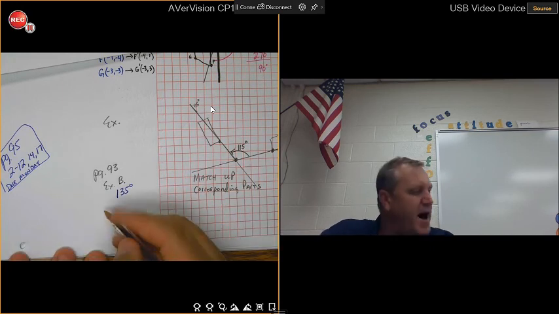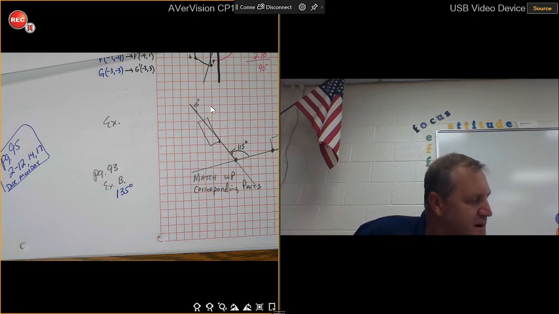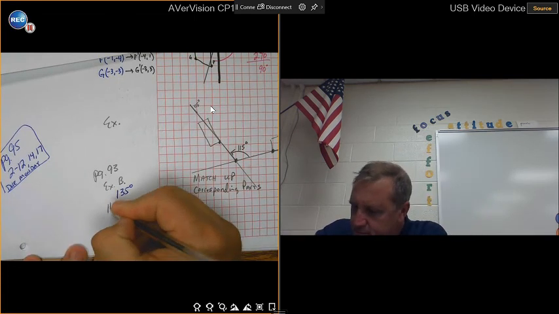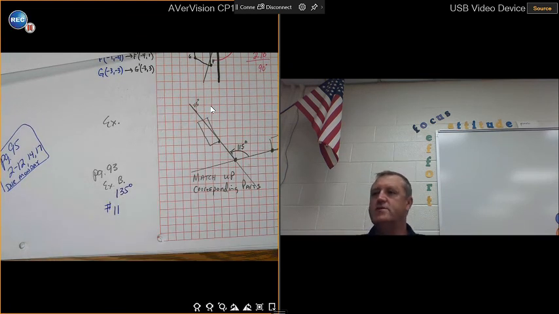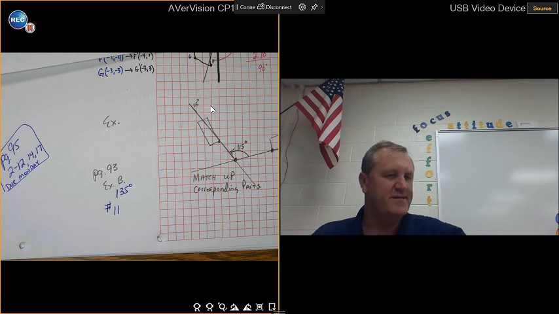All right, go ahead at the bottom of the page and try to do number 11. Again, use your protractor, connect to this center of rotation.